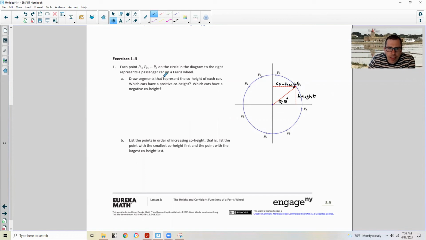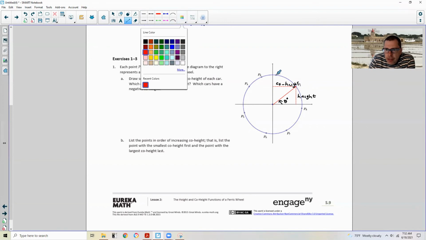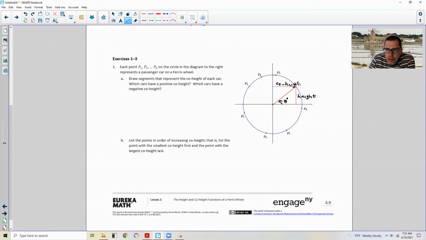So it says draw segments that represent Kohheit of each car. Which cars have a positive Kohheit and which cars have negative Kohheits? Okay, so now I'm just going to draw all these Kohheits. I'll just use this tool here, thin and red. And so here is car 2. So my Kohheit's right there. Here's car 3. There's its Kohheit. It's got to be perpendicular to the y-axis.